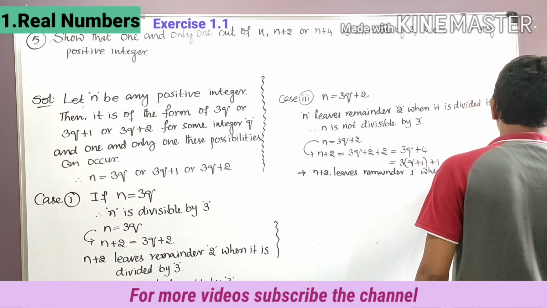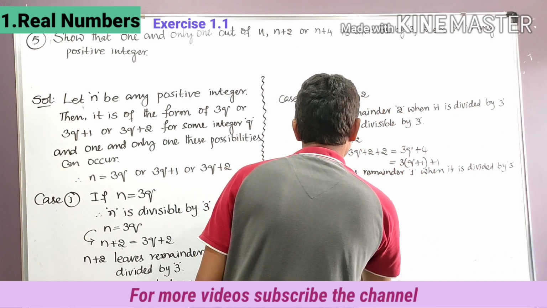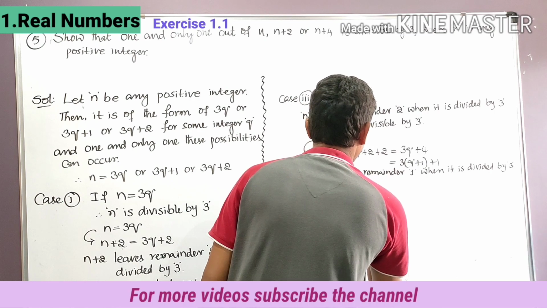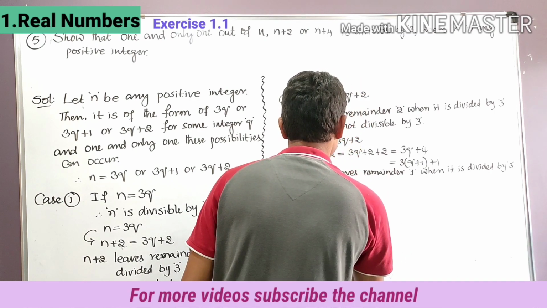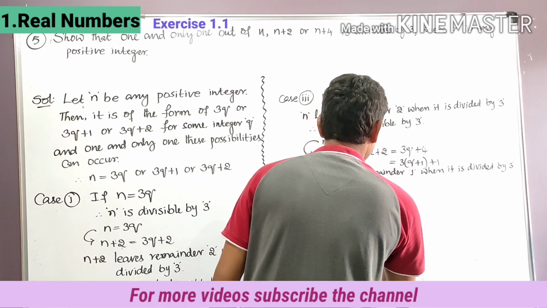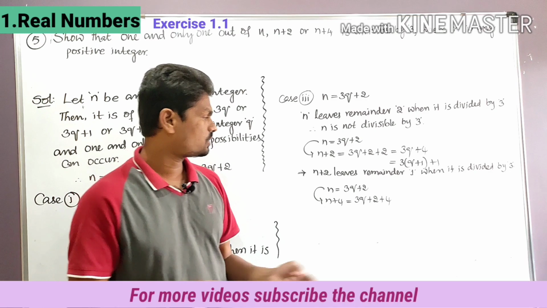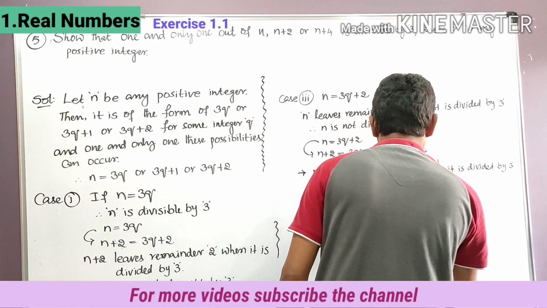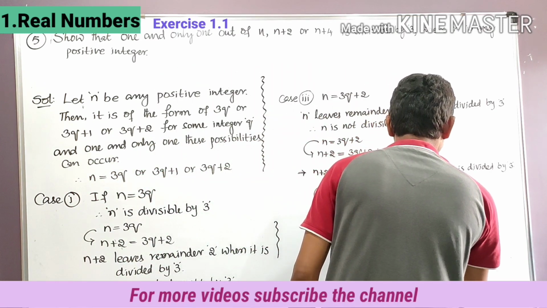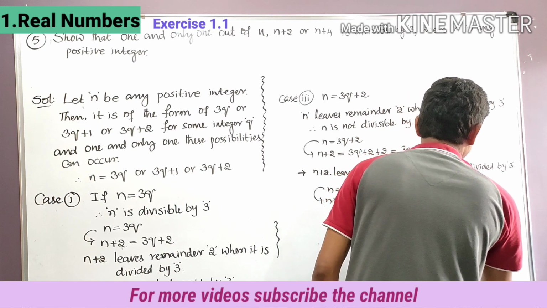So next we have to find n plus 4, student. If n is equal to 3q plus 2, then by adding 4 on both sides, we get n plus 4 is equal to 3q plus 2 plus 4. That is 3q plus 6. If 3 is common, we get 3 into q plus 2.